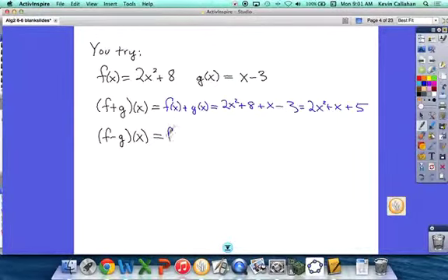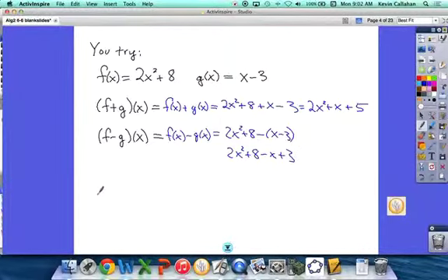So now how does that change when we were subtracting? Now it's 2x squared plus 8 minus x minus 3. Which you could either write as a separate line like I just did, or if you're good with it, just say that's minus x plus 3 directly, because you see that it's going to flip all the signs.